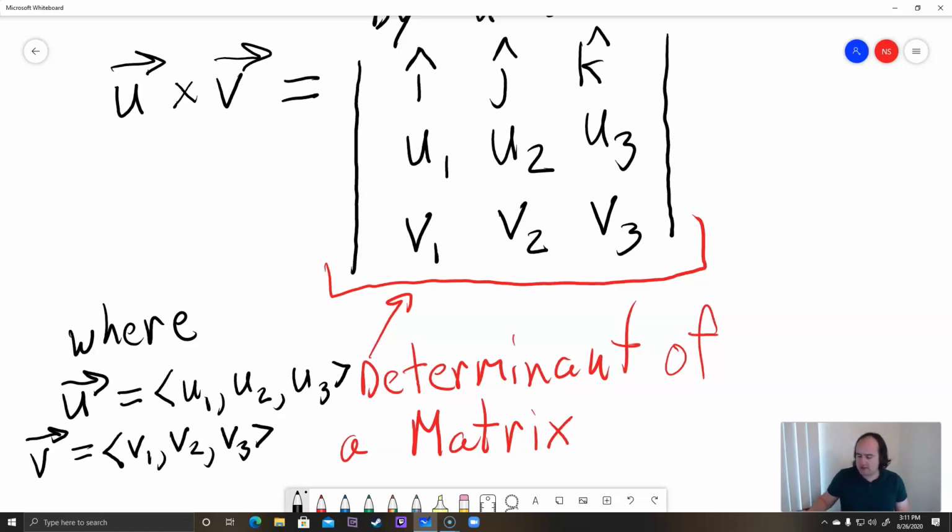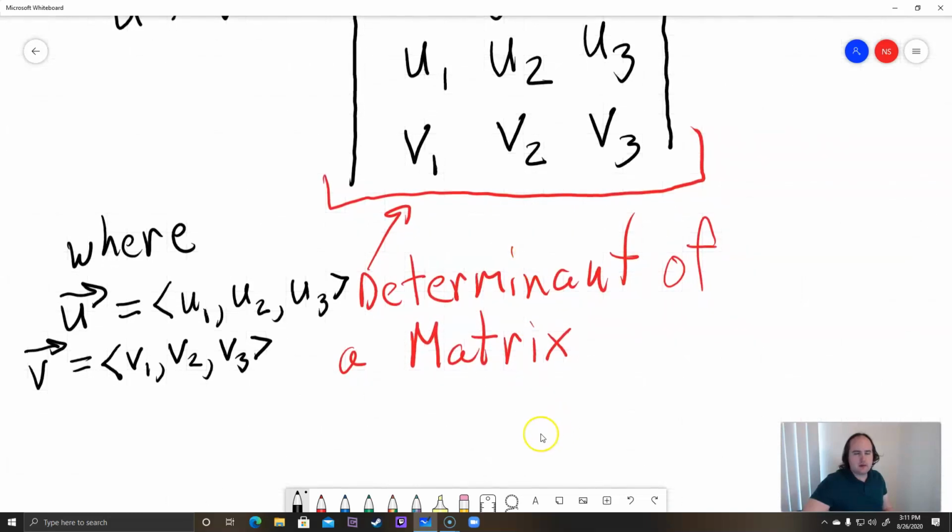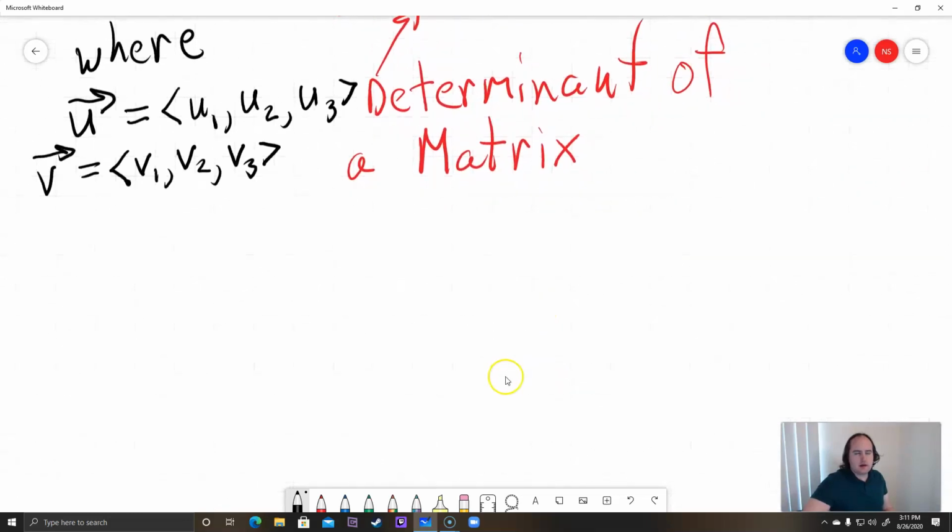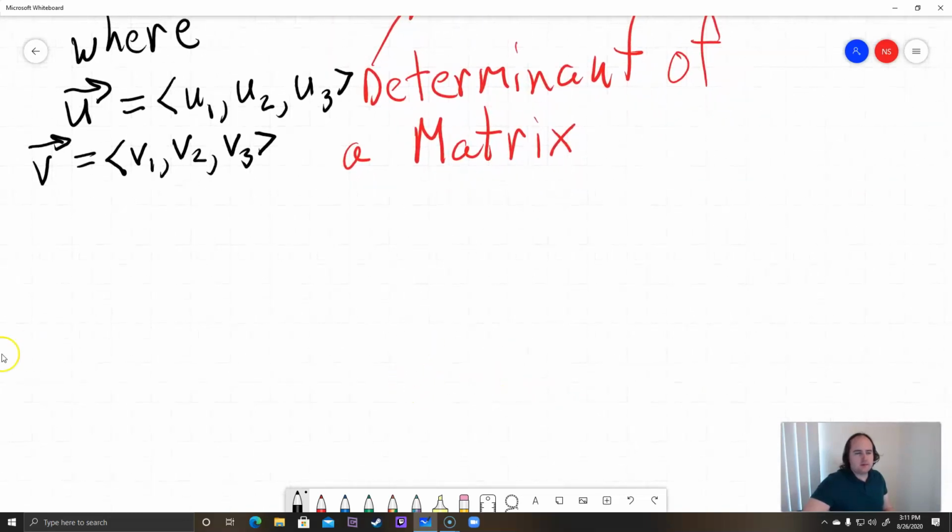And if the whole determinant thing looks kind of mysterious, don't worry, we're going to do an example right away. Okay. So, let's do an example.